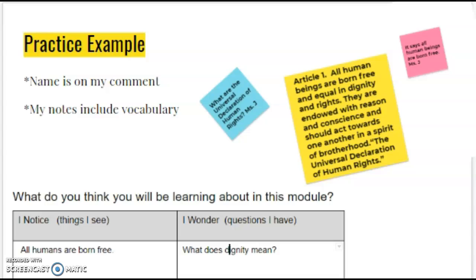So as you're working, think carefully about how you're discussing the articles and the resources. And when you are finished, you'll work through the I notice, I wonder, and this piece right here you will turn in. I will also be able to see your Jamboard comments and responses. Let me know if you have any questions.